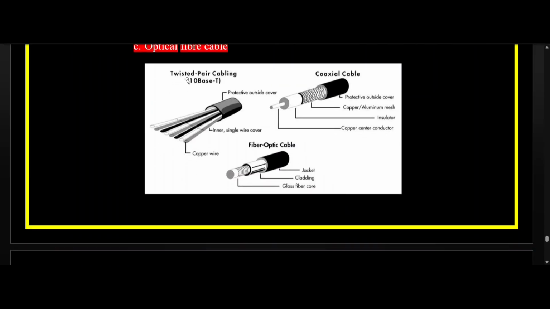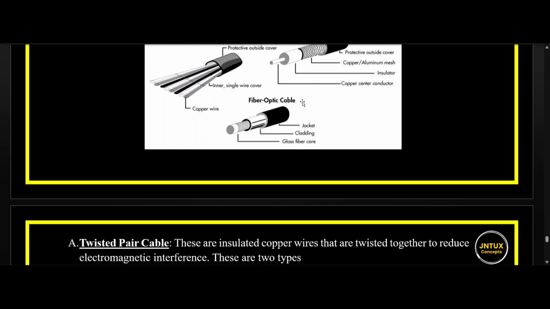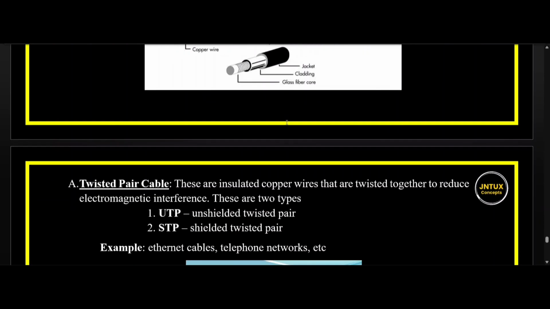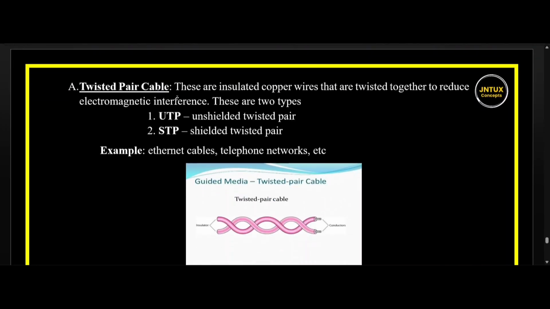So you can see in this diagram, this one is twisted pair cable, coaxial cables, and this one is fiber optic cables. So let's understand each one. Twisted pair cables are insulated copper wires that are twisted together to reduce electromagnetic interference.